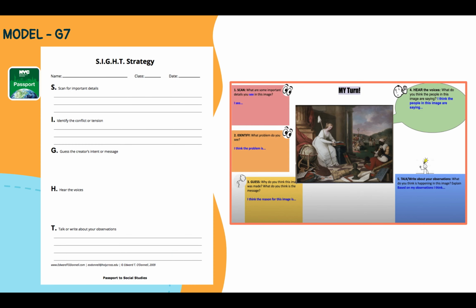You might receive something that looks like this or a handout that looks like this. But the most important idea is that no matter what the handout looks like, the SITE strategy remains the same. You're still doing the same exact thing no matter what the format is.